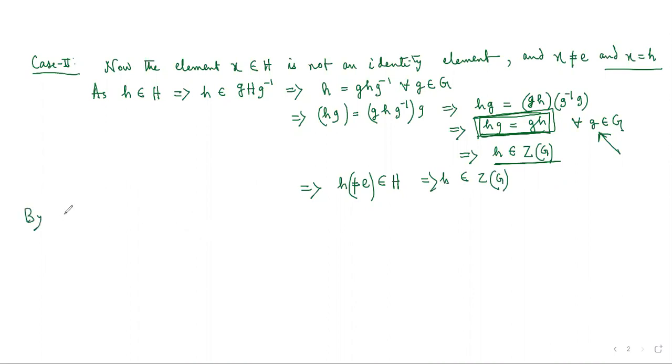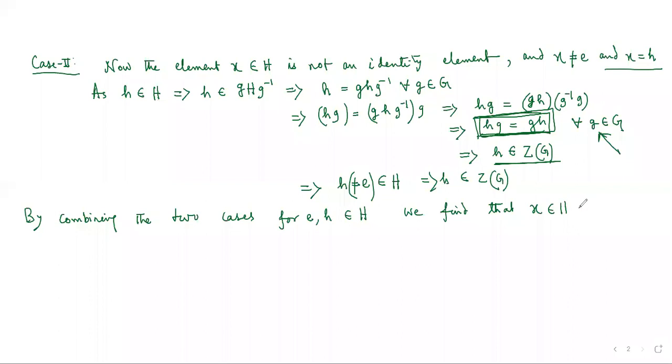By combining the two cases, e and h belonging to H, we find that X belongs to H implies X belongs to Z(G) for all X belonging to H, and therefore H is a subset of Z(G), which proves your result.